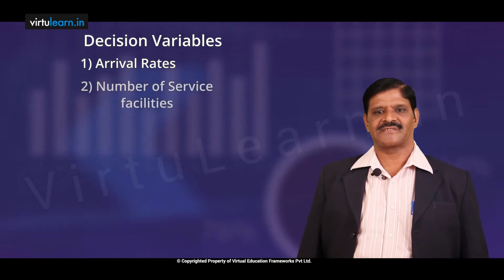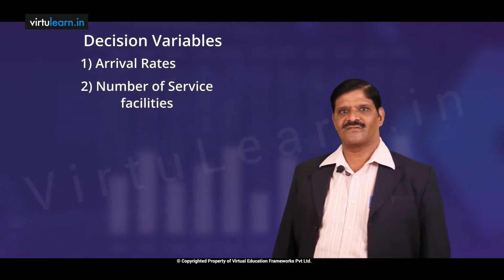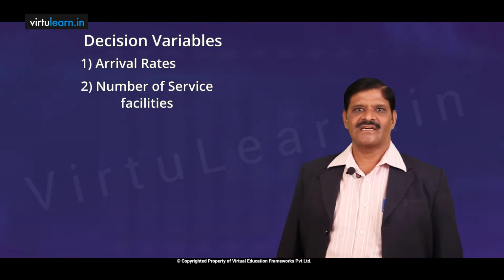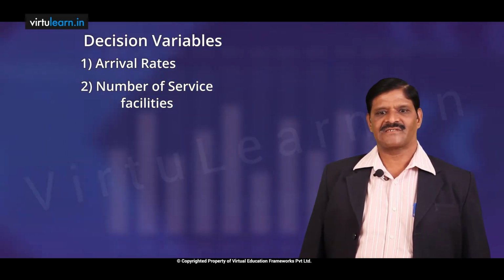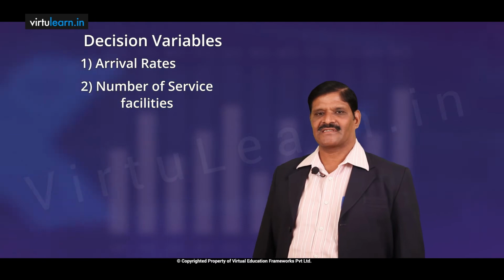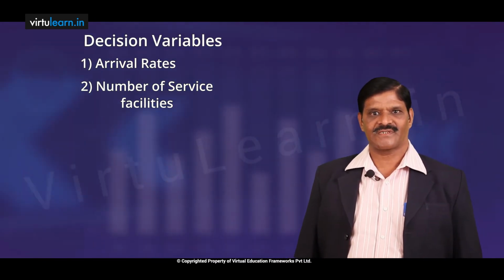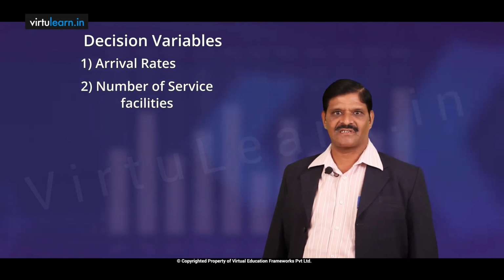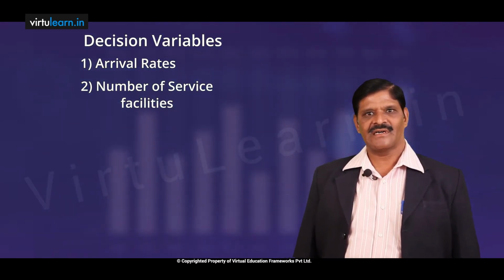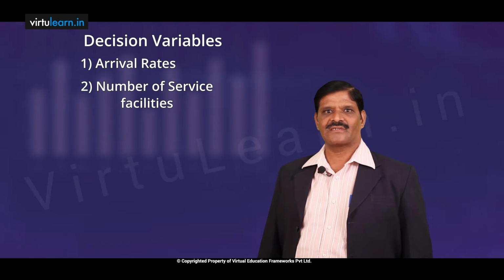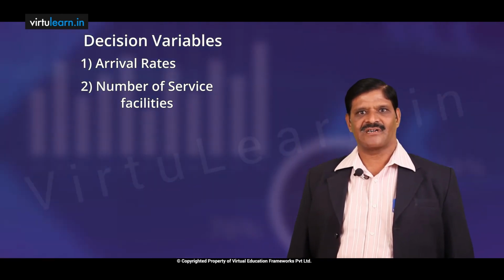Similarly, number of service facilities. Just now we have discussed the phases. The number of service facilities is whether it is a single service facility or multiple service facilities. Say in a petrol bunk, if there are 3 petrol servers, that is a multiple server.